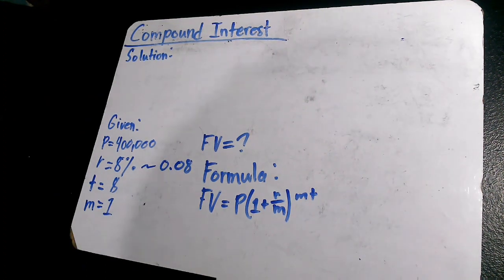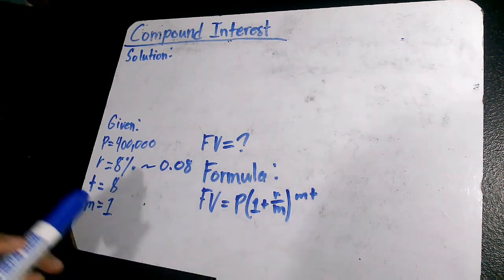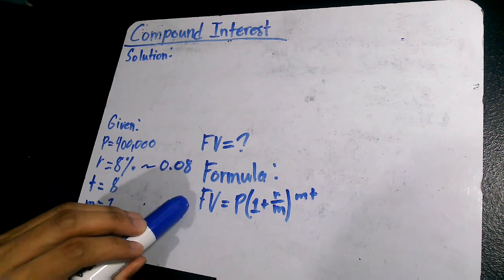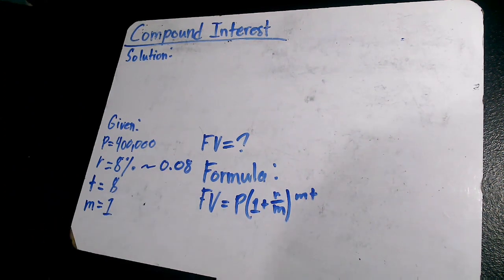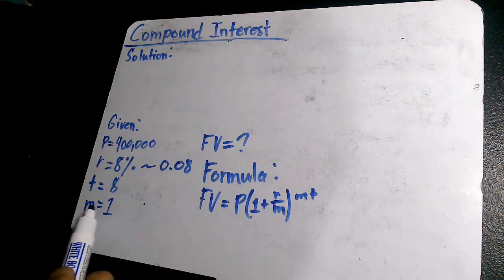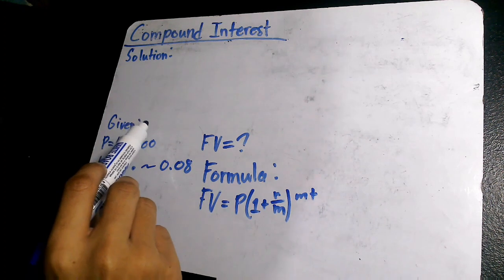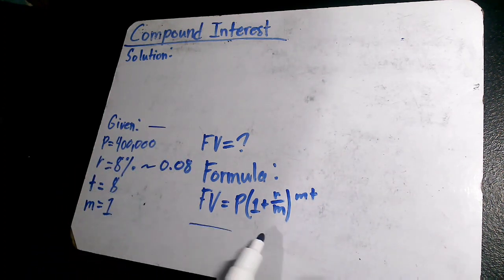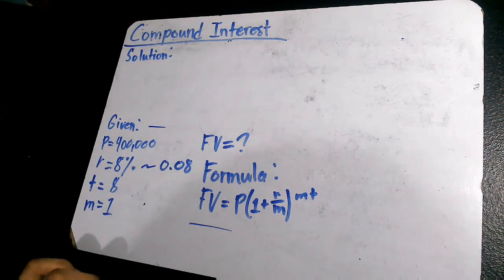And now we can solve the problem because we've already determined the given information and the proper formula to use. To solve the example problem, substitute the given information we have identified into the formula that we have determined.